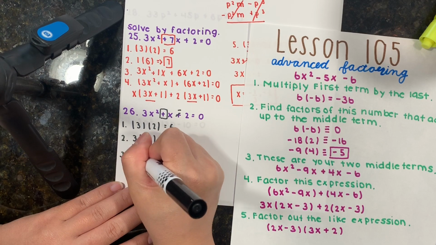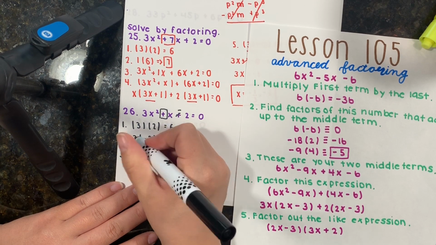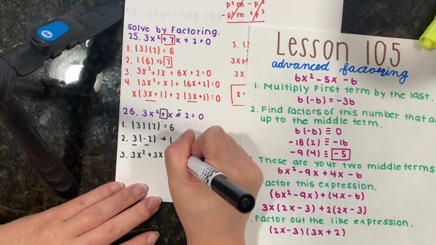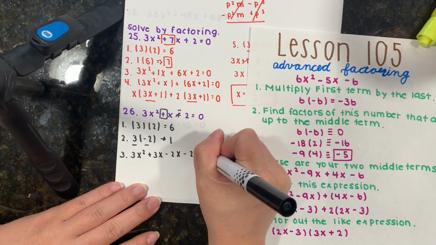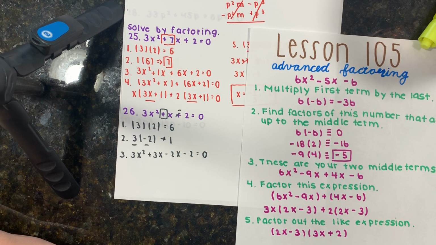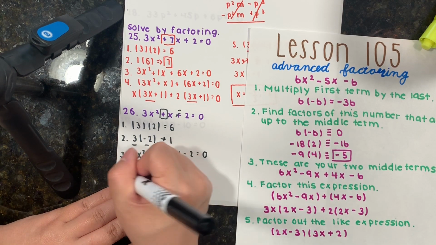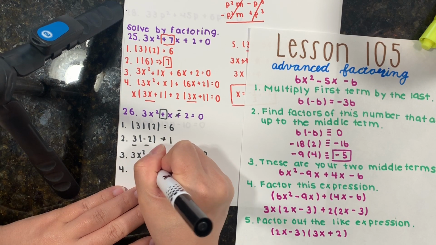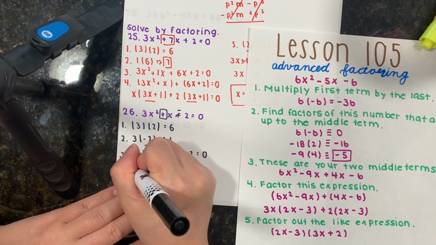So I have my first term, which is 3x squared. Instead of 1x, I'm going to have 3x and then -2x, then -2 equals 0. You're going to separate these into 2 different expressions. So it's going to be 3x squared plus 3x in your first parentheses.